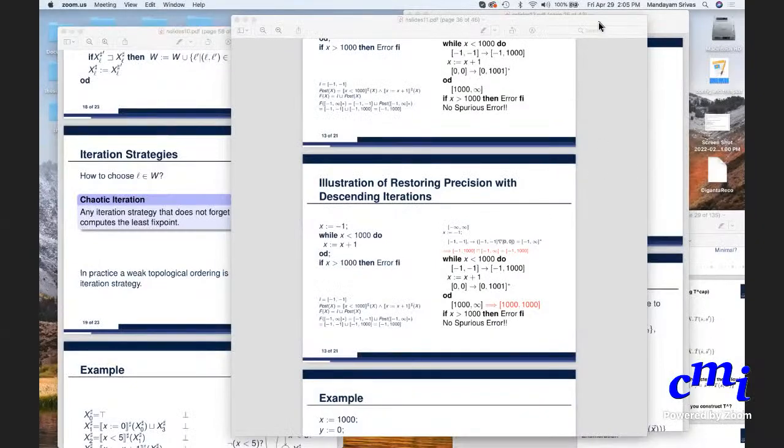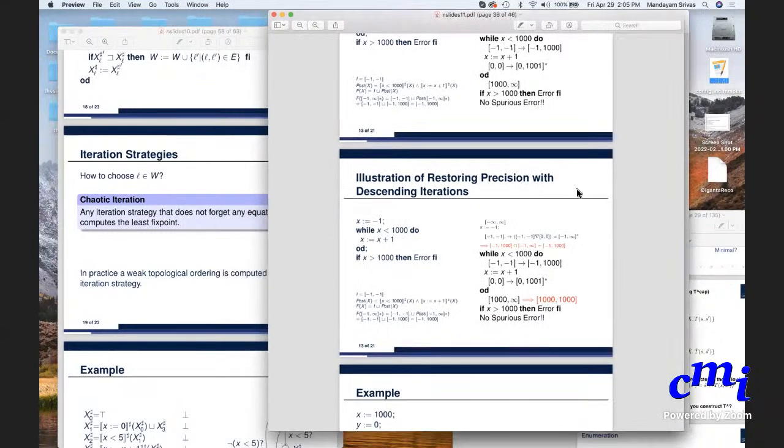Okay. Last time I showed an example illustrating that after doing an ascending widening chain, you jump over the least fixed point when you do widening chain iteration instead of linear iteration. And after that, when you do descending iteration, there was a kind of mistake.